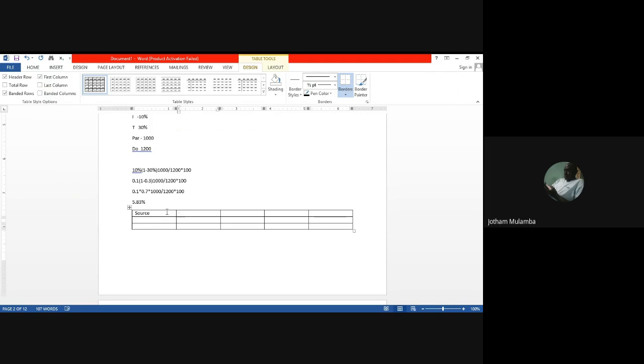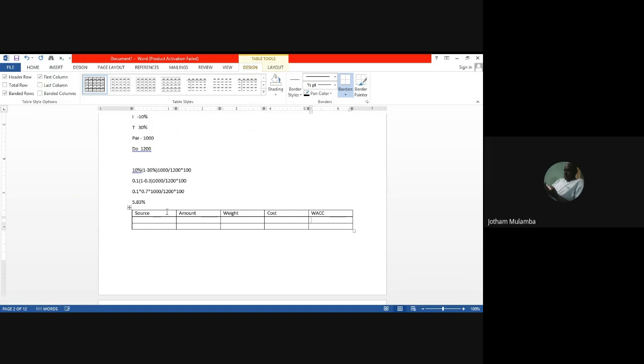The second one will always have amount. The third one will have weight. Cost. Then the last one will have weighted average cost of capital.